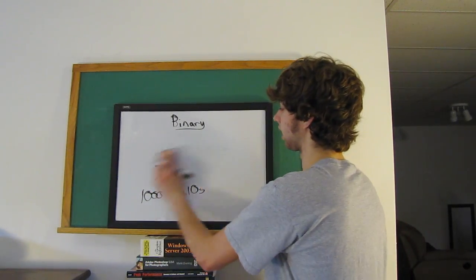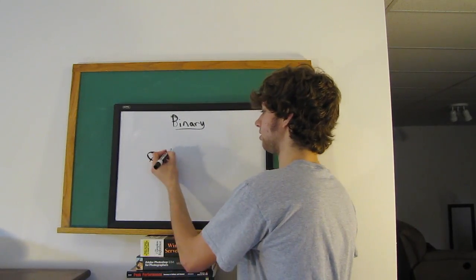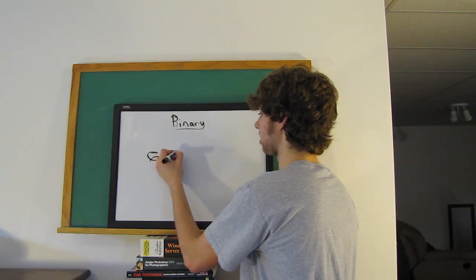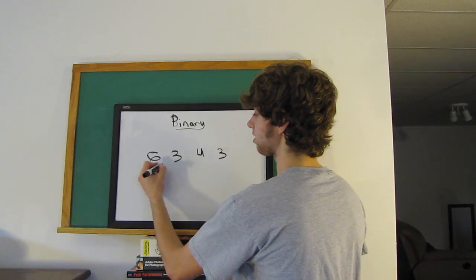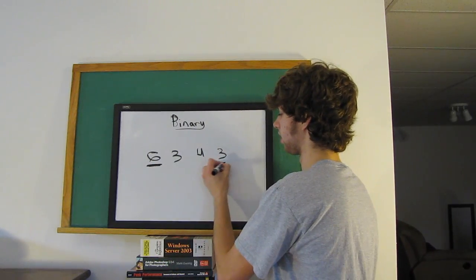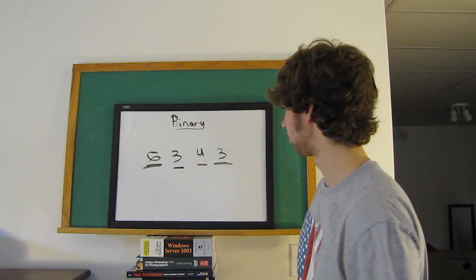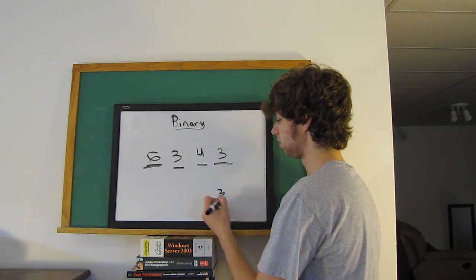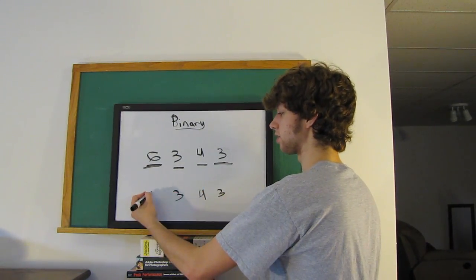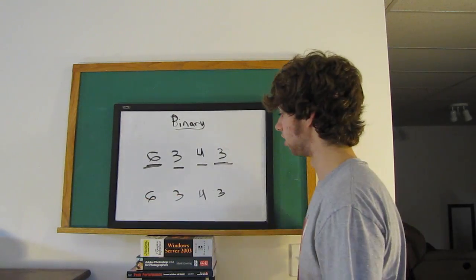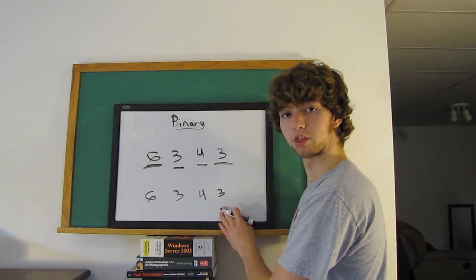So when we're looking at a number, we can think of it like this. Let's say we have 6,343 in decimal. This is the thousands place. Or we can go this way: ones place, tens place, hundreds place, thousands place. So we have 3 ones, 4 tens, 3 hundreds, and 6 thousands. When we read that the other way, 6,343.